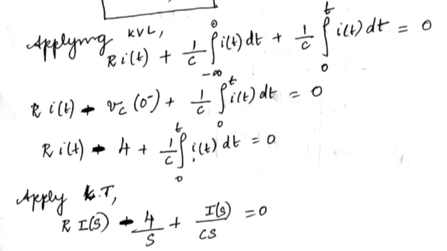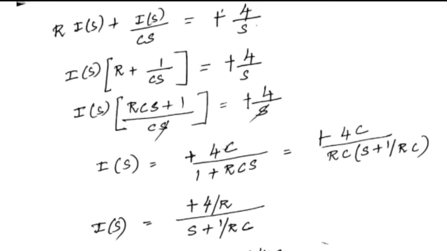Simplifying, R I of s plus I of s divided by Cs is equal to 4 by s. Taking I of s common, I of s of R plus 1 by Cs is equal to 4 by s. Taking the LCM, RCs plus 1 divided by Cs, and cancelling the s on both sides, we get I of s equal to 4C by 1 plus RCs.